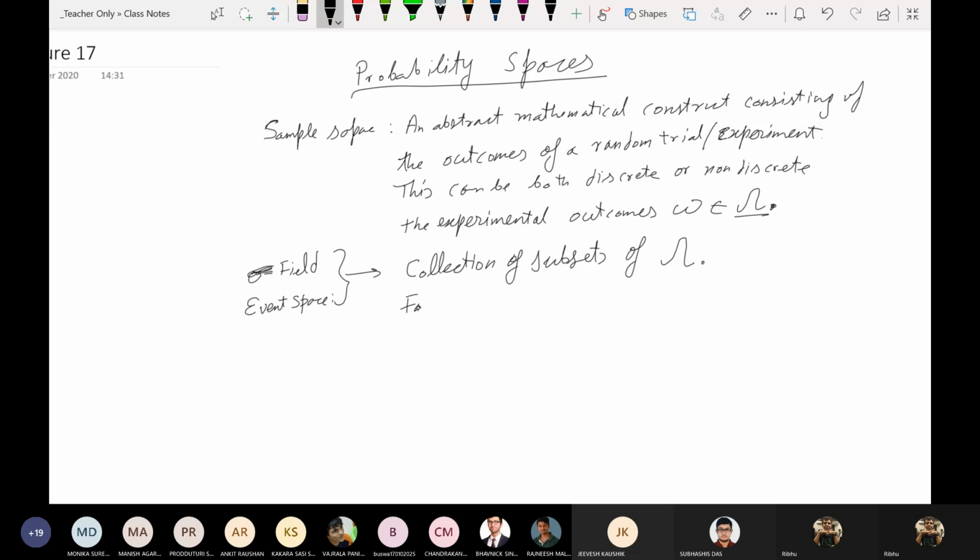Or for discrete cases, this is the power set. Right? And based on this, we had defined the probability measure.